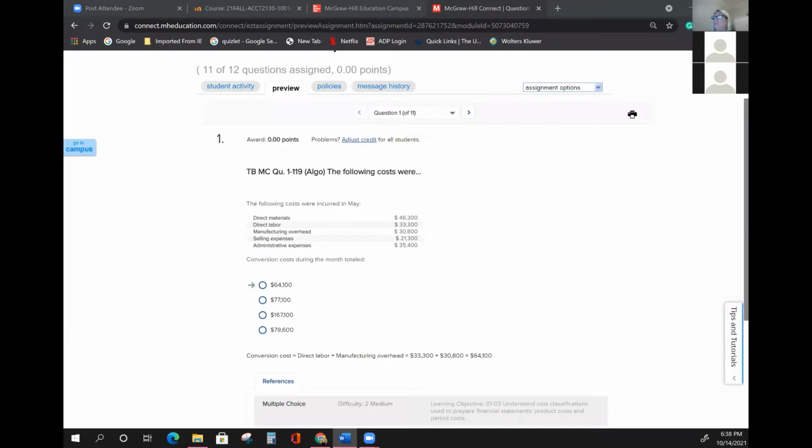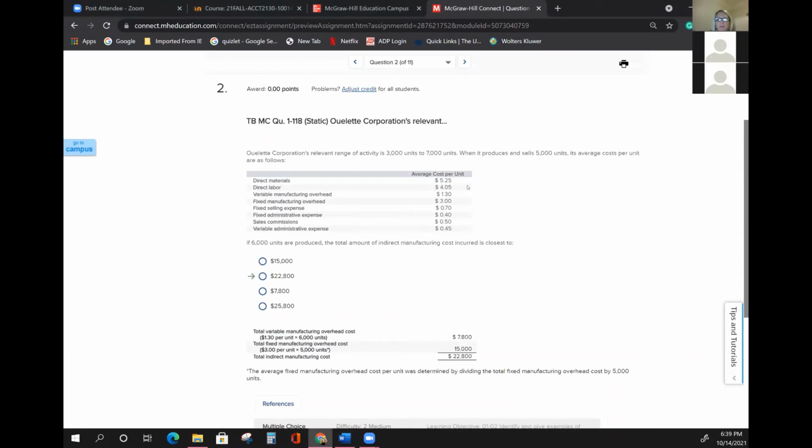So our conversion costs are the direct labor and our manufacturing overhead. So we would just have to add those two together. We have our direct labor of 33,300, and we have our manufacturing overhead of 30,008. Add them together, and that's my conversion cost. So that should be easy enough to figure out.